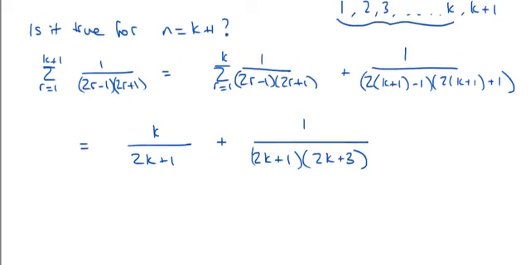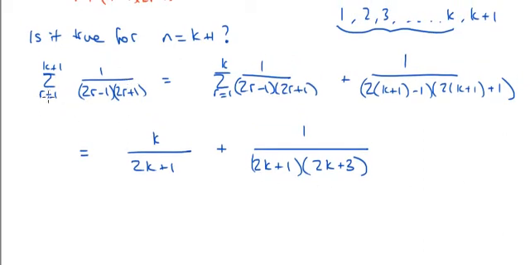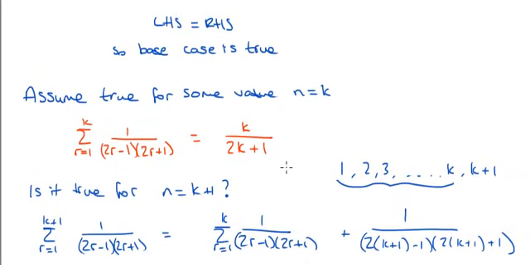So is that equivalent to what the sum of 1 to k plus 1 would be? If we go back to this, what would it look like if we were looking for the k plus 1th term? We're expecting or hoping to get k plus 1 over 2(k plus 1) plus 1. That's what we're aiming for it to look like. So if we can turn it into one fraction and make it say k plus 1 on the top and 2k plus 3 on the bottom, then we've done what we need to do.